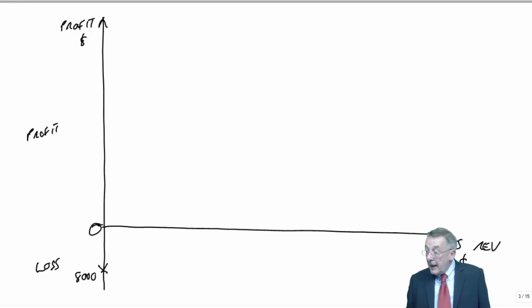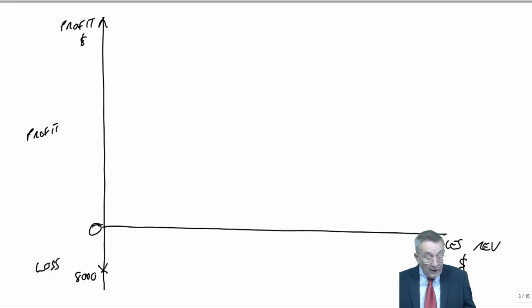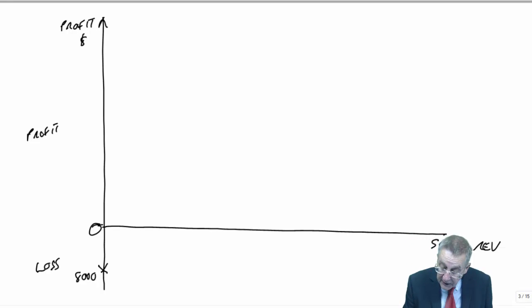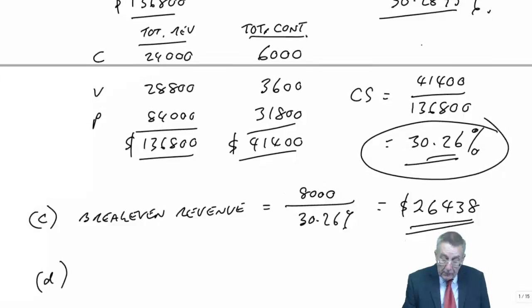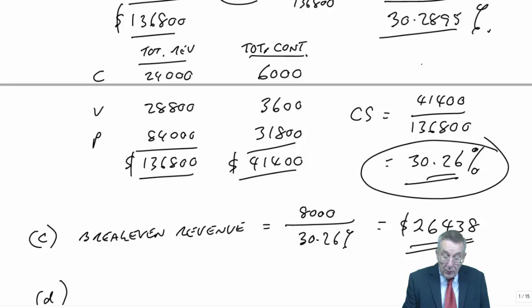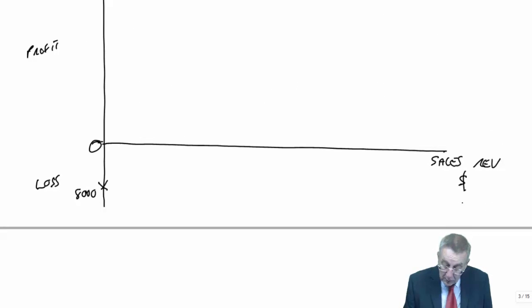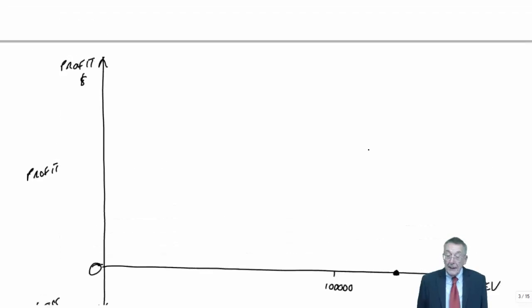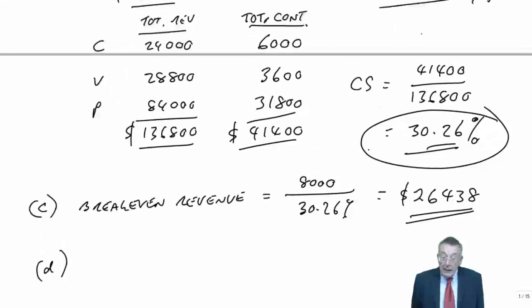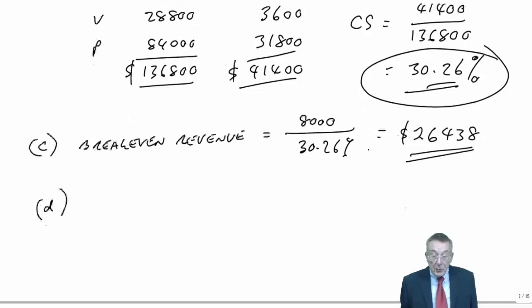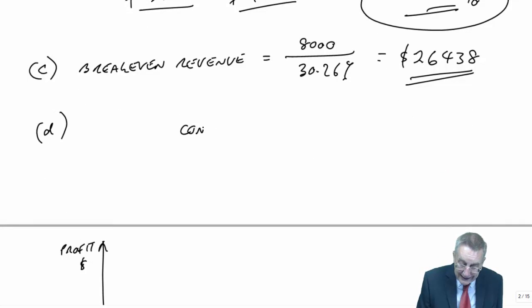On the other hand, I may as well use the budget figures I calculated a minute ago. On full budget, if the revenue's 136,800, so, I'll say there's 100. So 136,800 is perhaps around there. How much will the profit be? Well, the contribution, remember, was 41,400.